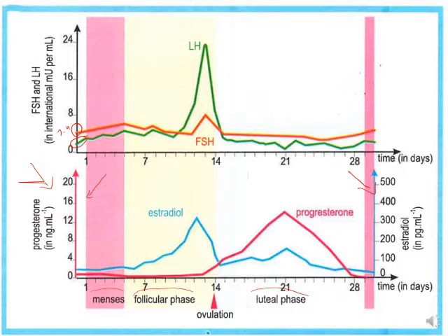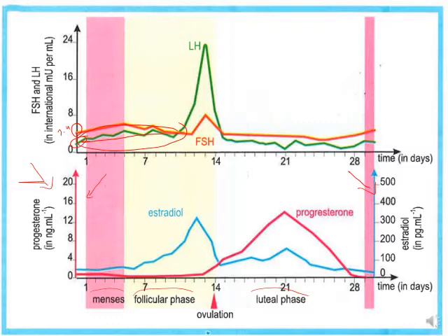During the follicular phase, the level of LH fluctuates around 2. While the level of FSH decreases from 4 mU to about 2 mU. Here it decreases to about 2 mU.